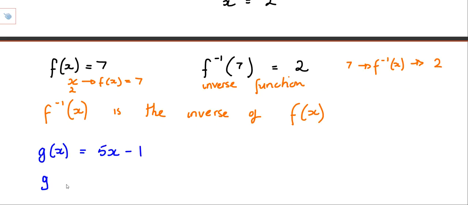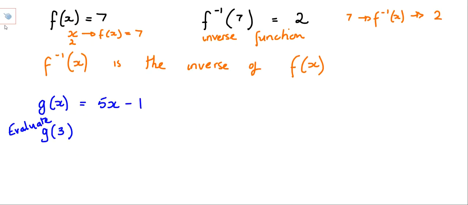If I said to you, evaluate g of 3, tell me what you do. You put 3 in for x, so it's 15, minus 1.